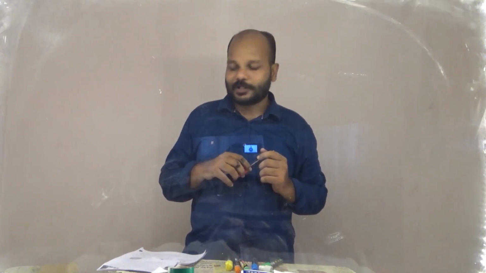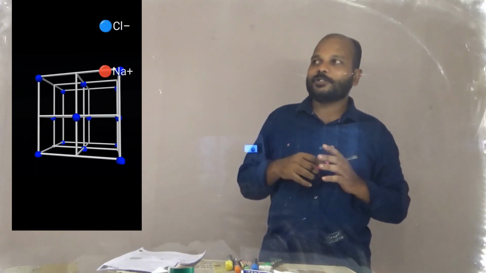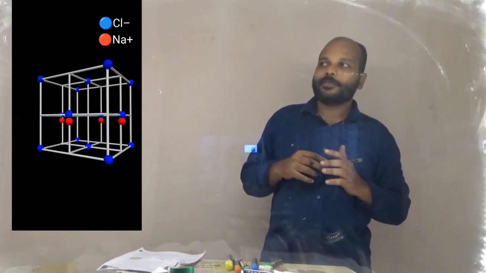Every compound has a name as well as a formula, and it is easy to comprehend its formula from the structure of the compound. For example, sodium chloride has a very giant structure.